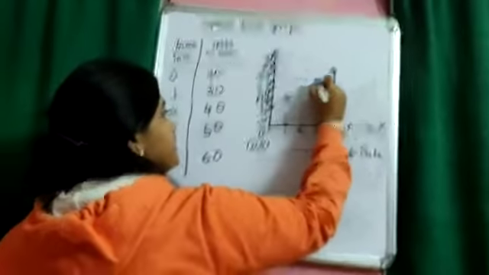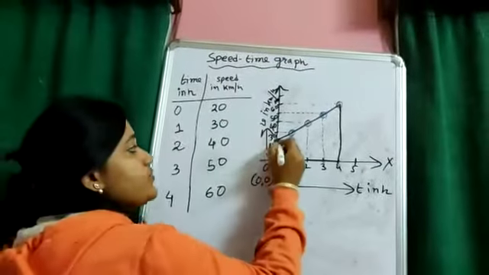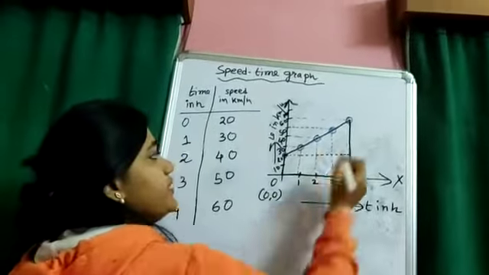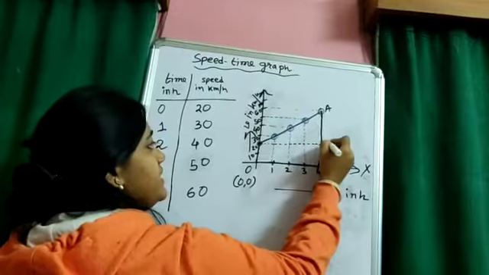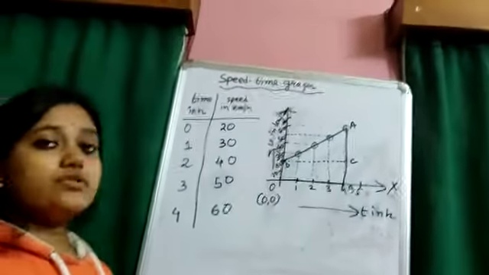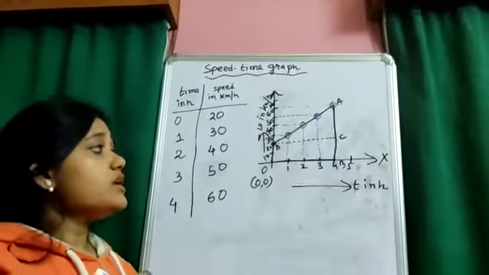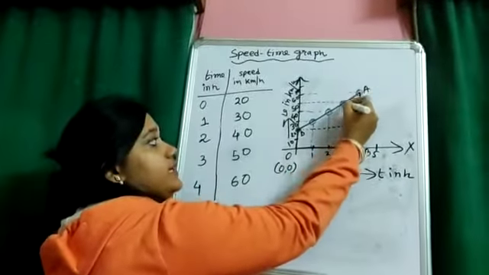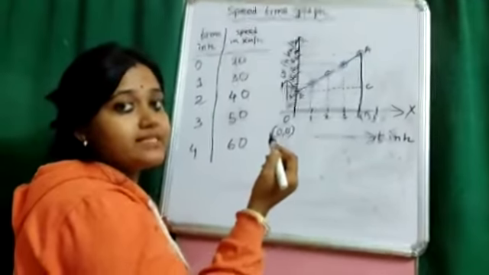For that I am dropping a perpendicular like this, naming the points A, B, C, D. Slope you have learned how to find out: taking two points, y2 minus y1 divided by x2 minus x1.